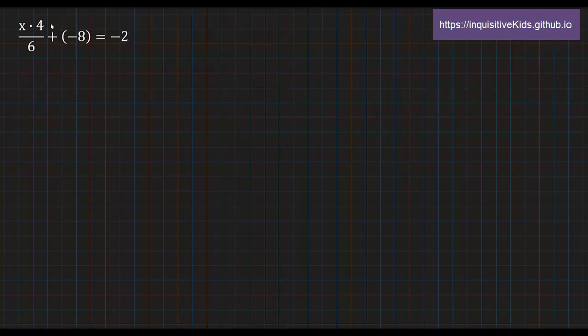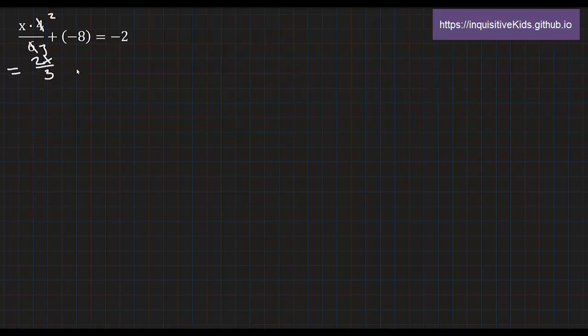Over here, you may see that in the fraction, we can simplify some factors out. 4 and 6 are both even numbers. That means that they can both be divided by 2. This 4 will become a 2, and this 6 will become a 3. So now it's equal to 2x over 3.